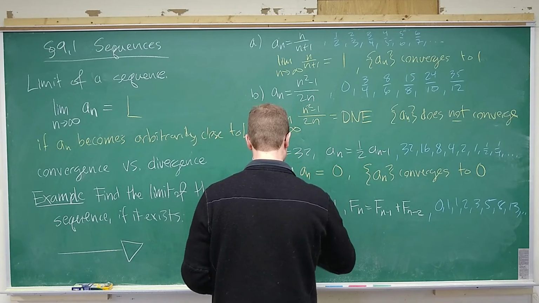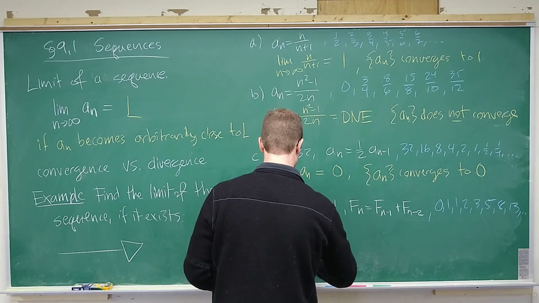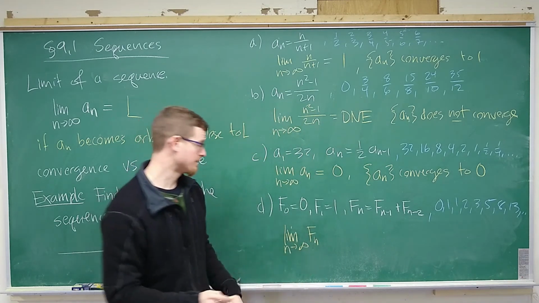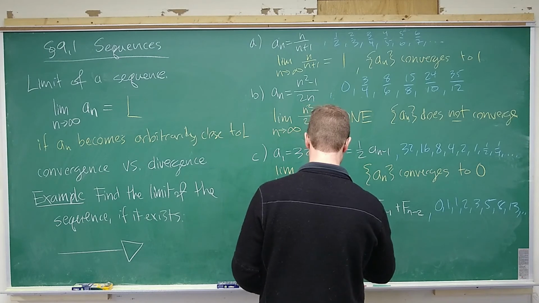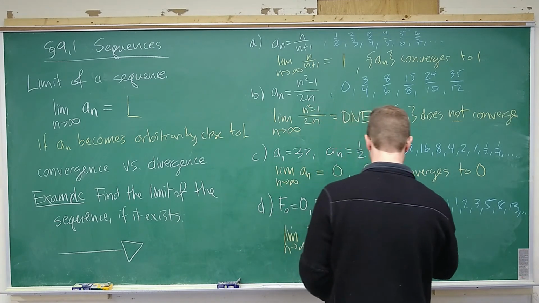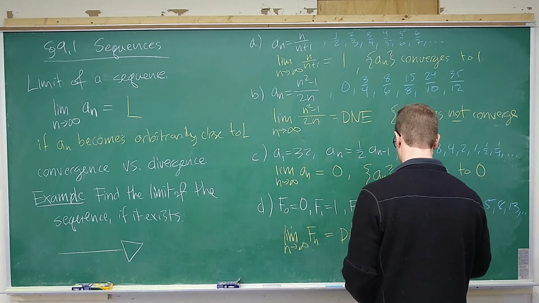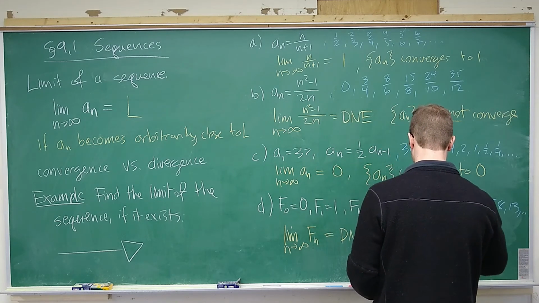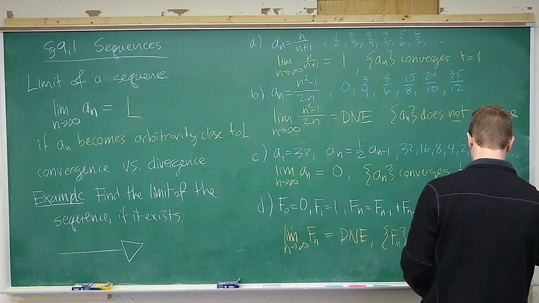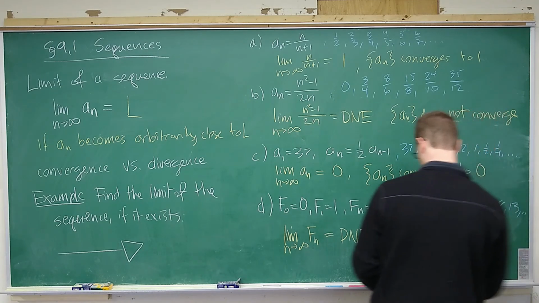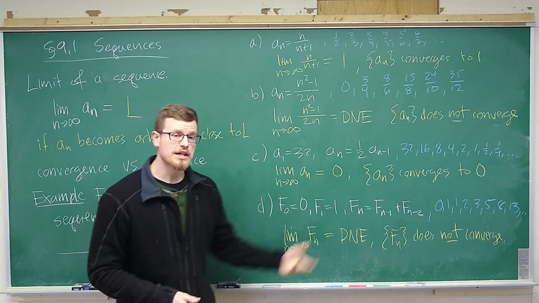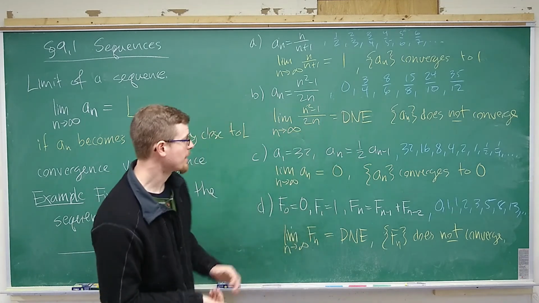So the limit in this case would not exist. We'll call it f sub n. The limit as n goes to infinity does not exist. So the sequence f, the Fibonacci sequence, does not converge.